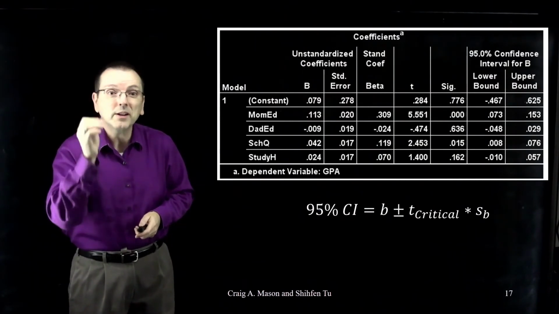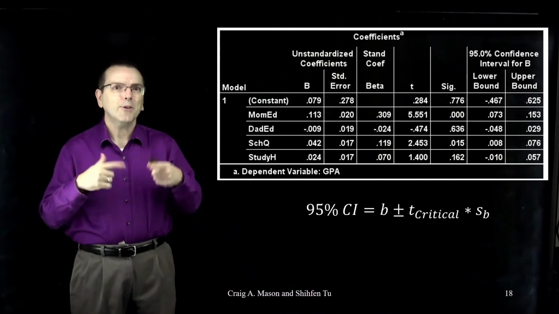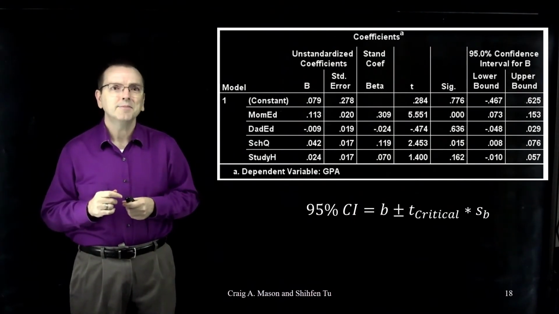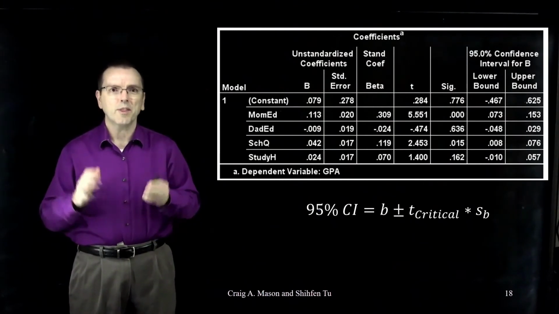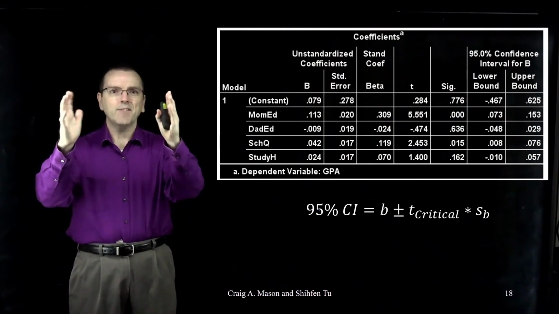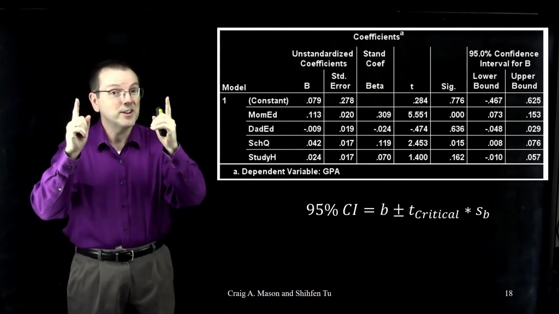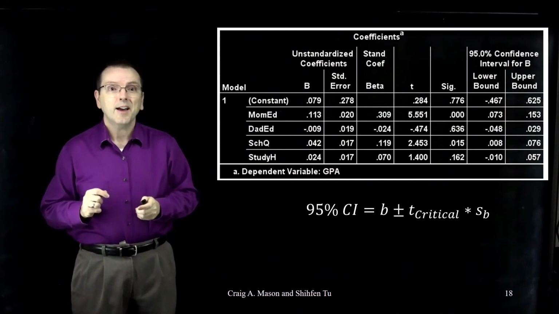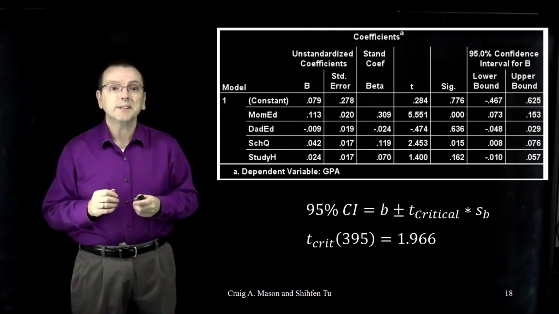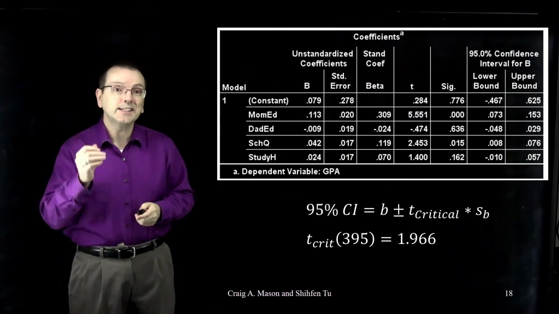Use the critical score instead. So if you're doing this by hand, we first need to look up the critical t-score that, again, bounds 95% of the distribution with 395 degrees of freedom, right? And if we look that up, we see that the critical t-score is 1.966.